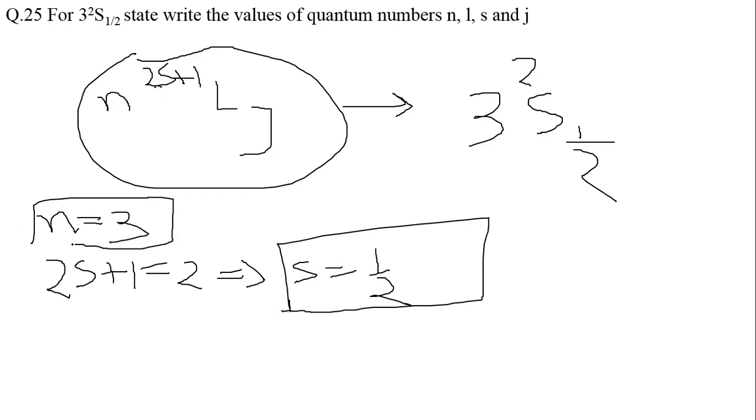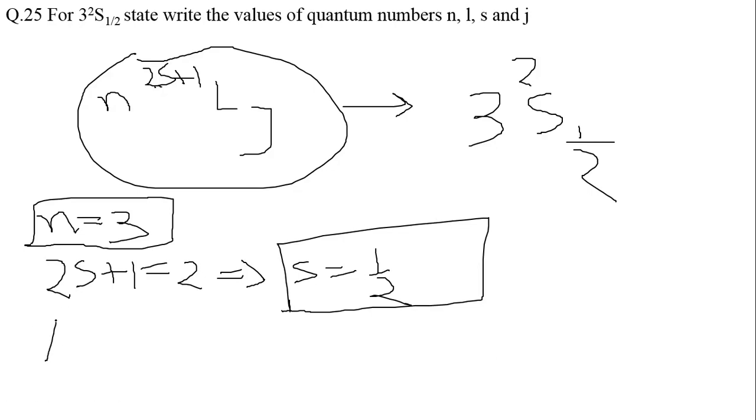We have n equals 3 and s equals half, and another term l, and here it is s. We know for s, l is 0, because the nomenclature is such that for s, l is 0, for p, l is 1, for d, l is 2, and the state is d, like that.